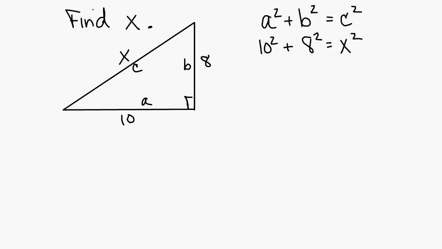And then square your values. So 10 squared would be 100. 8 squared would be 64 equals x squared. And then 100 plus 64 would be 164 equals x squared.